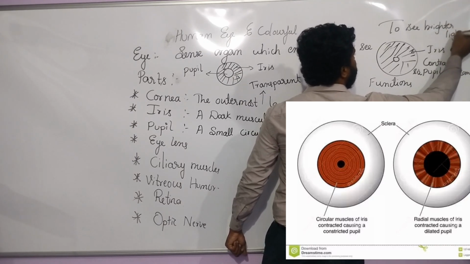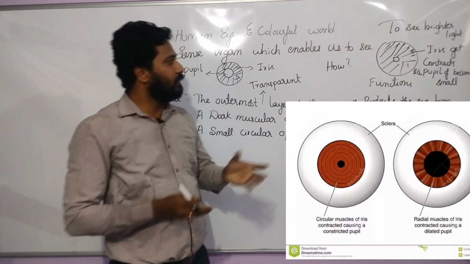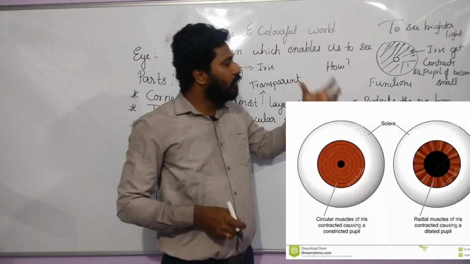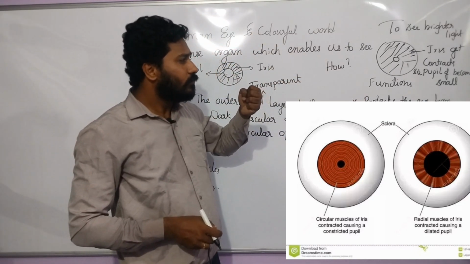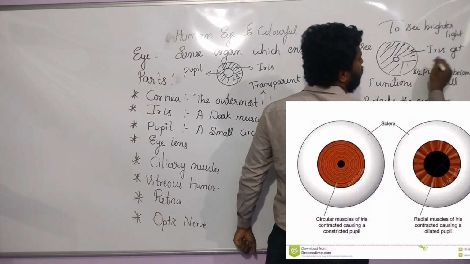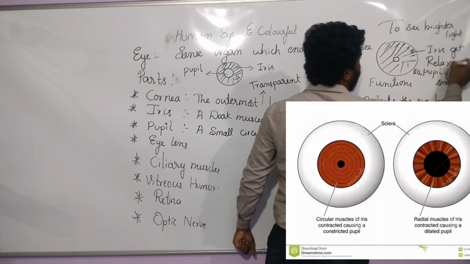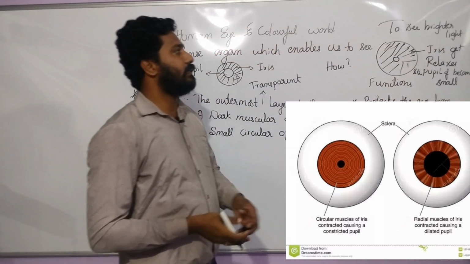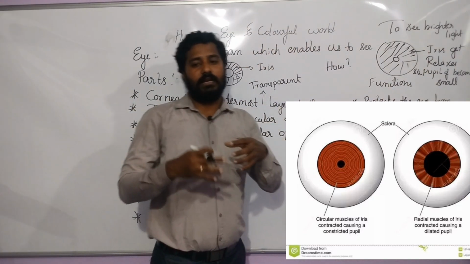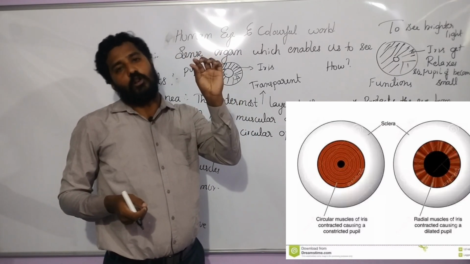When you see brighter light, what happens? Sorry, the iris relaxes, so the size of the pupil becomes small.